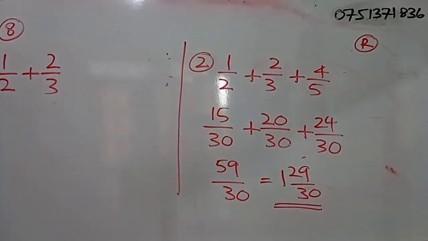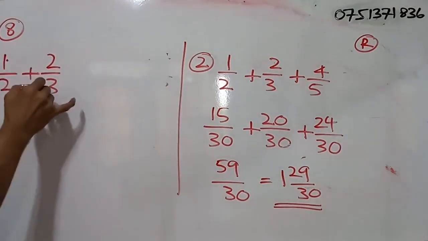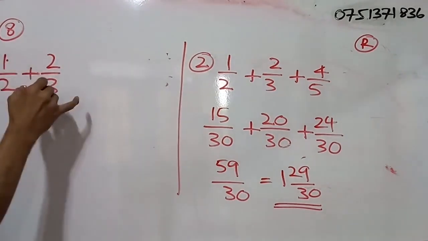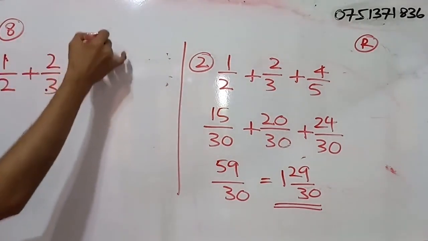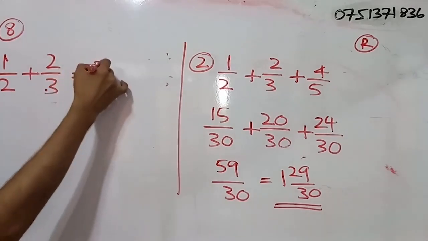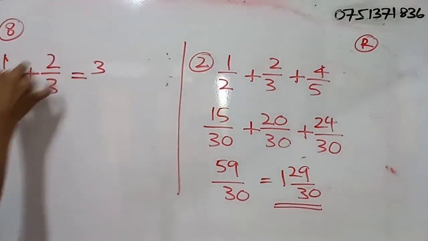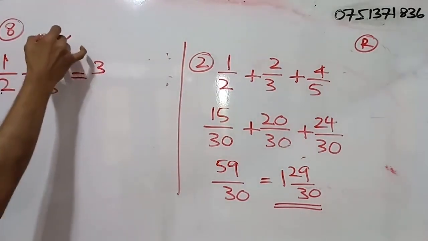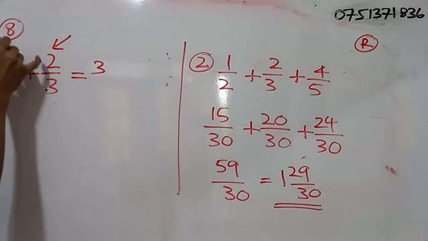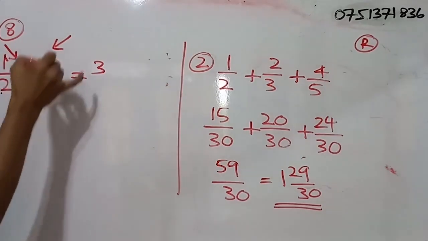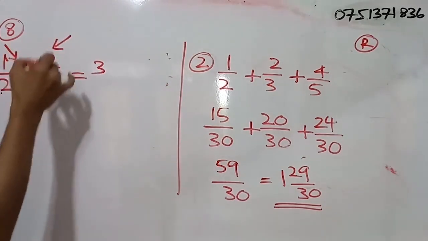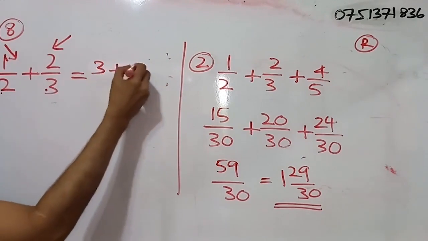We take this 1 and multiply it by 3. Cross multiplication. 1 times 3, we know that is 3. Take this 2 and multiply it by this 2, cross multiply in this direction. 2 times 2, we know that is 4.